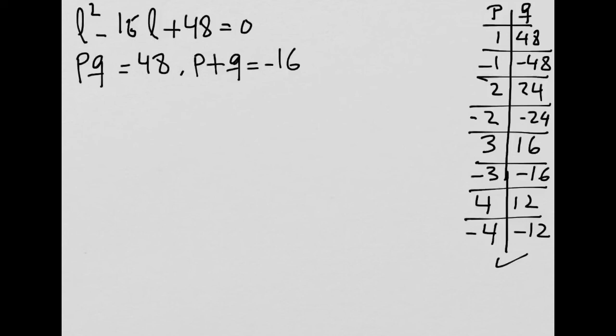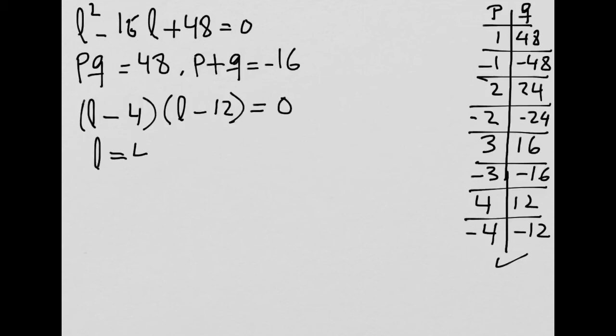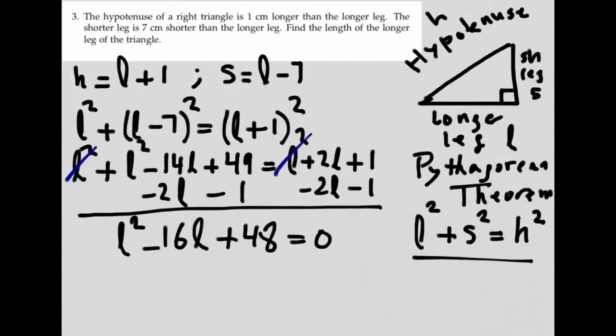So the left-hand side factors as L minus 4, L minus 12 equals 0. By the zero factor property, we have L minus 4 is 0, which means L is 4, or L is 12. Now let's see what happens when L is 4. Recall that S is L minus 7.